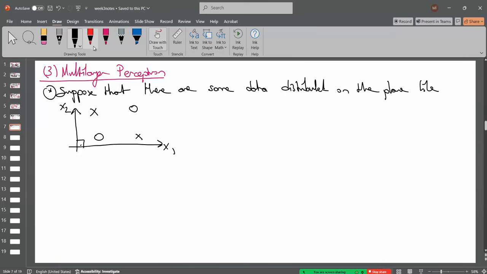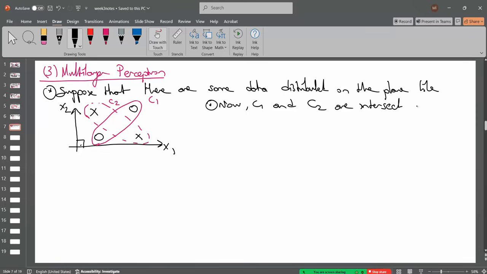For example, this is called C1 and this is called C2. We know it. This is prior knowledge. So we can conclude that now C1 and C2 intersect. And we don't want to do this.